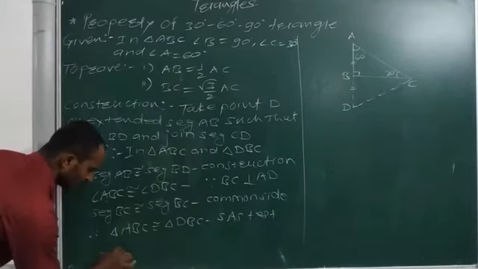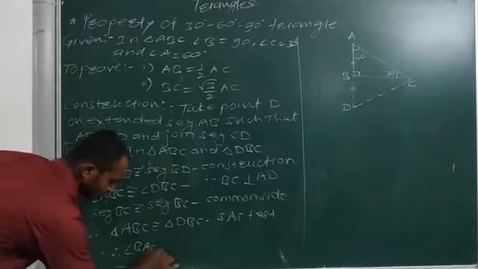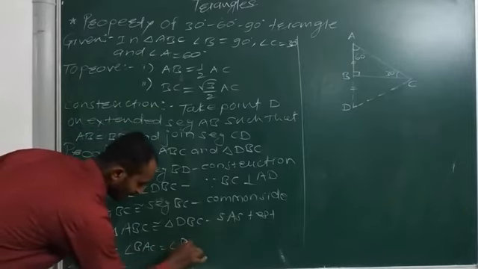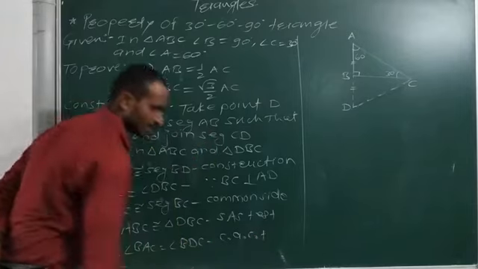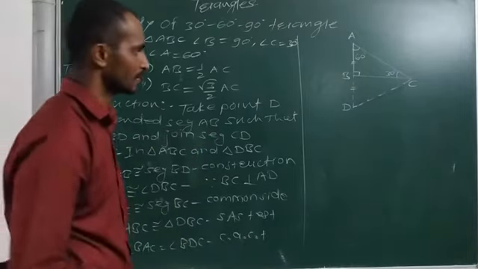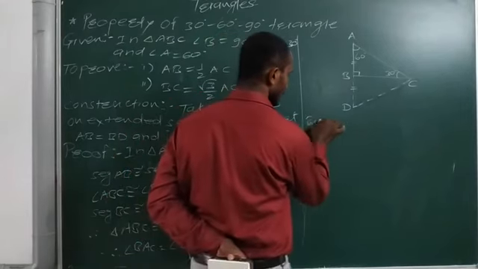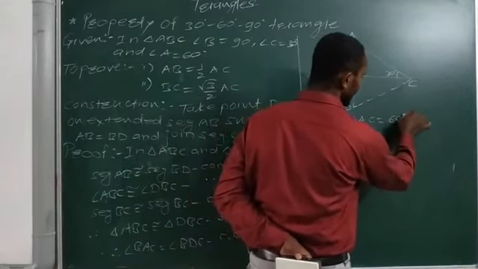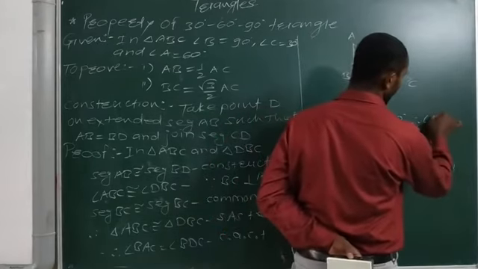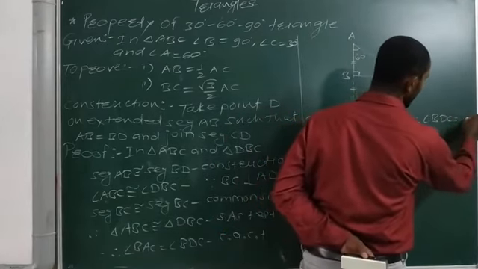Therefore we can write that angle BAC equal to angle BDC by CACT. These are the corresponding angles of congruent triangles. But angle BAC equal to 60 degree. Therefore angle BDC is also equal to 60 degree.